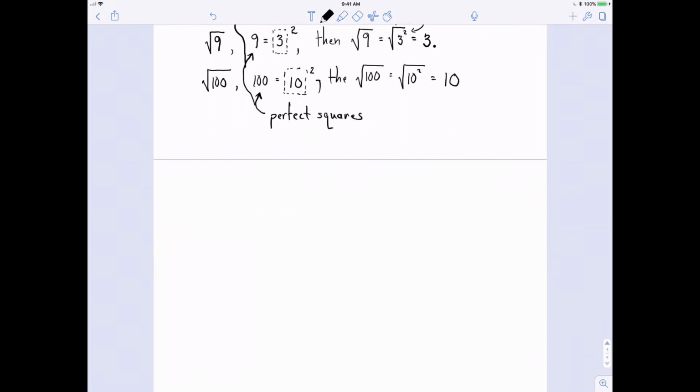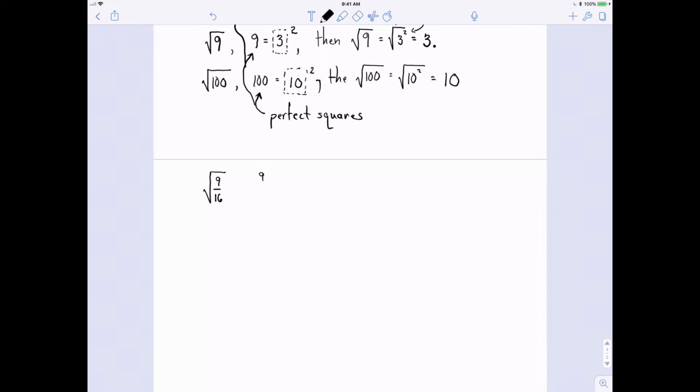Now, let's try something else. How about the square root of 9/16? Well, that's interesting. We've worked with 9 before, right up above. We haven't worked with 16. But let's think about this.